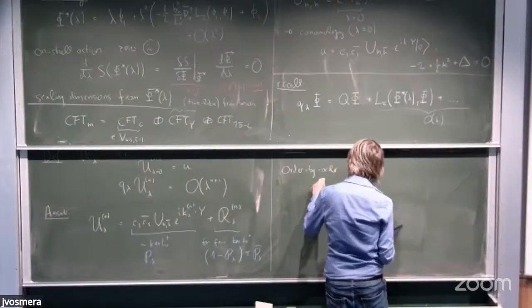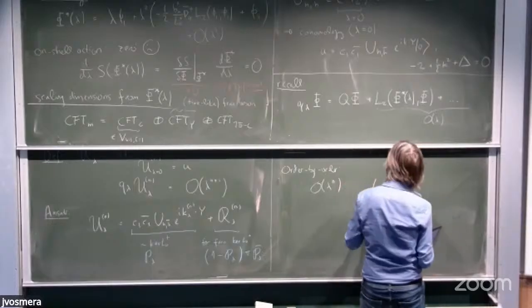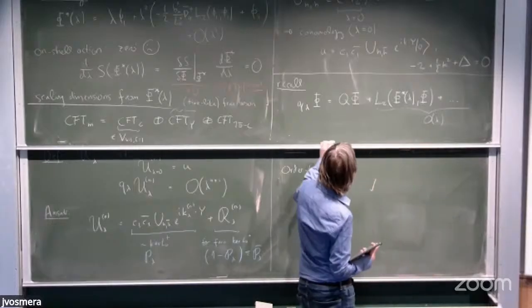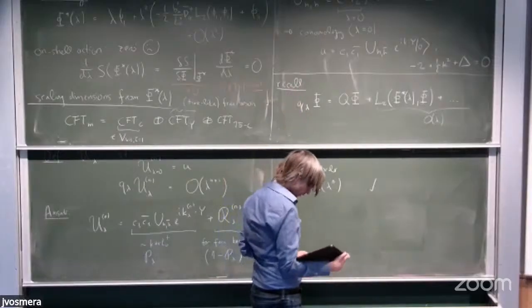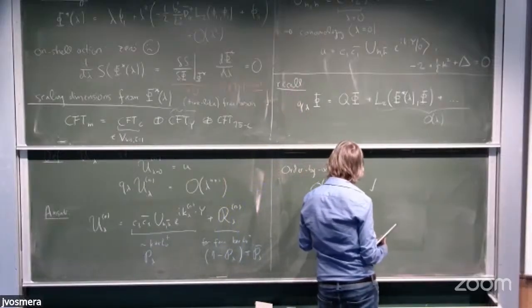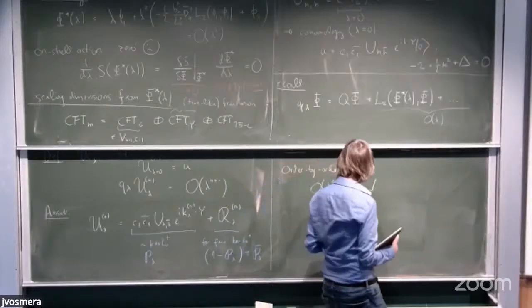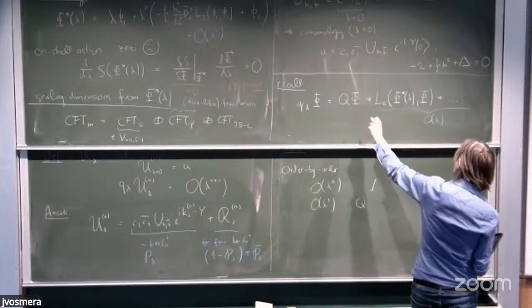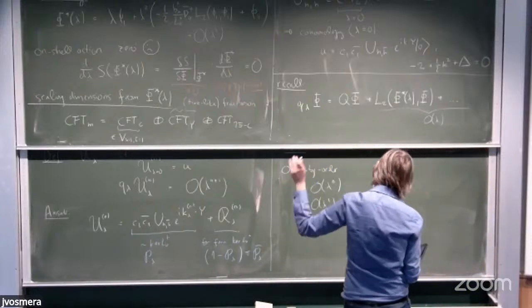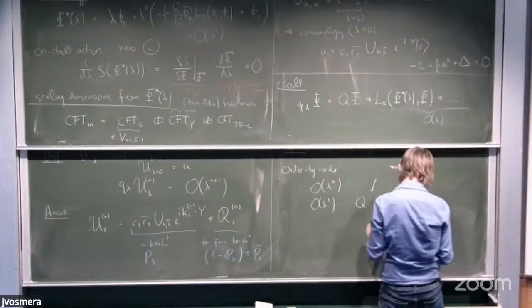So to the order of accuracy lambda to the naught, we have already done this, right? To this order of accuracy, U naught should be precisely identified with this little u, right? So now let's look at the order of accuracy lambda to the 1. At this order, this equation of motion for u, or I shouldn't call it an equation of motion, it's an equation for the shifted cohomology.